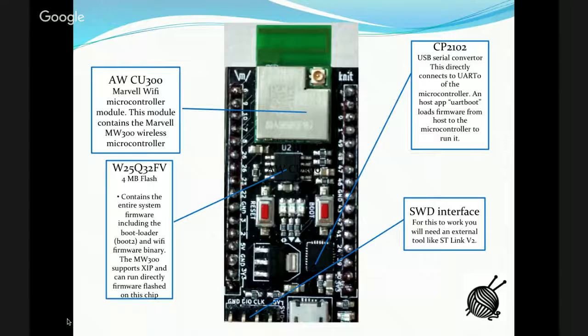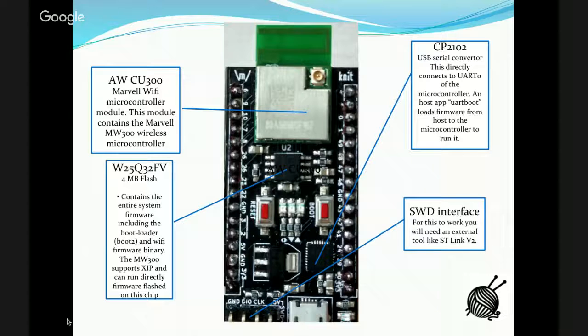On this board you have a debug interface for the flash. The microcontroller doesn't have any internal flash, so all your programs will reside there. This is the module, and you have a serial to USB converter, so you can have your console using that.